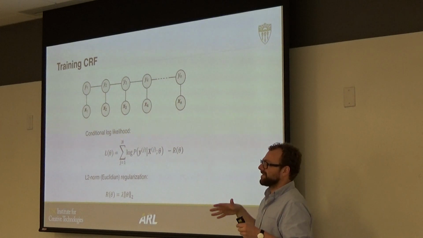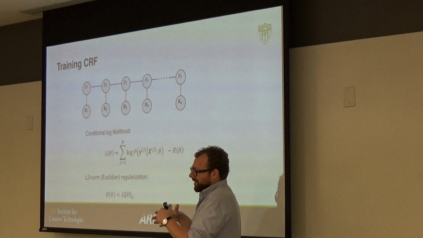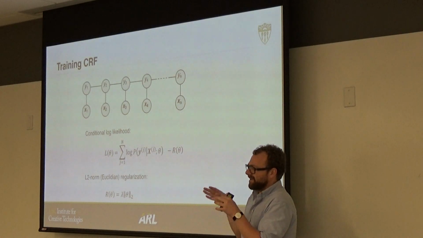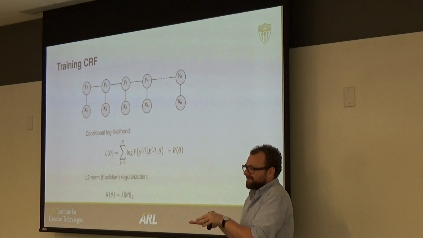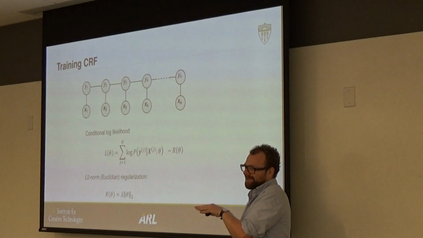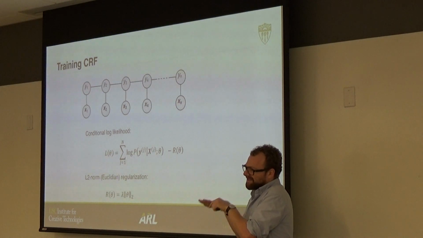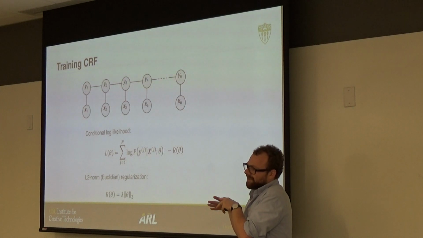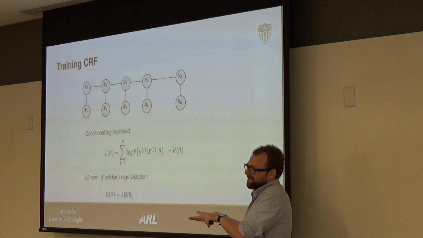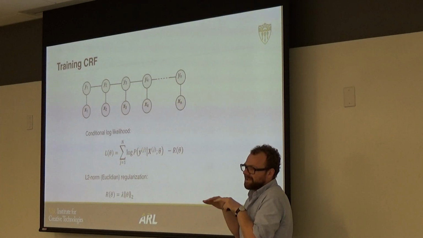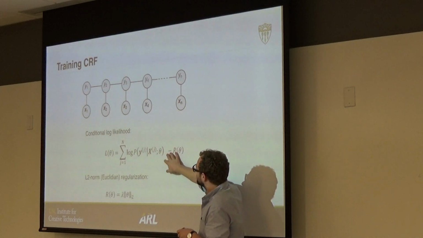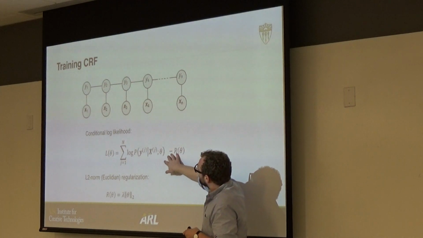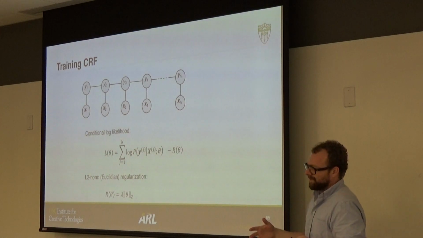We want to make sure that our model is as sparse as possible, or as simple as possible, so it goes in the direction of Occam's razor. Whatever is not needed, don't use it, right? So this penalizes the use of feature functions.